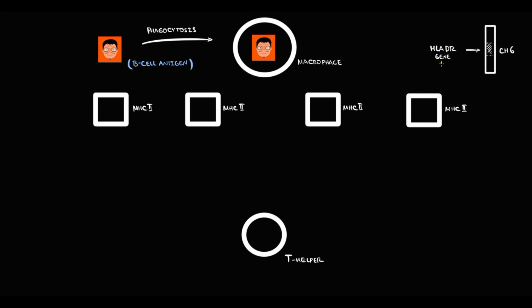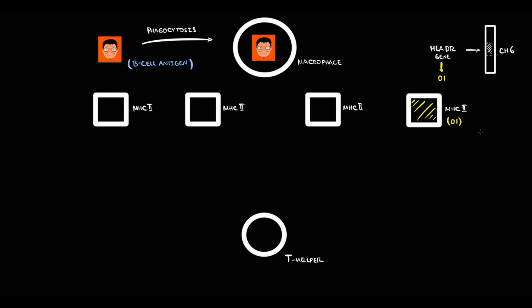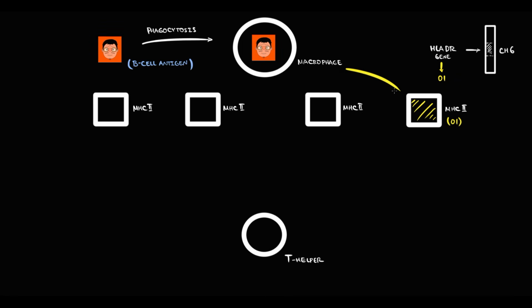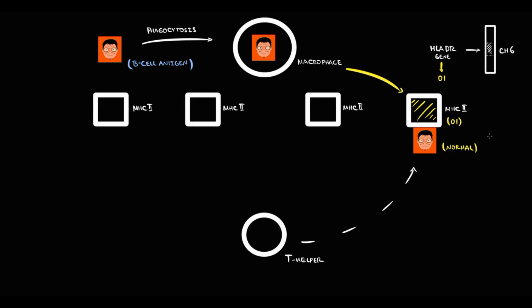For example, if a person has the HLA-DR1 allele, this person will have an MHC2 receptor that was made based on genetic information in the HLA-DR1 allele, and such an MHC2 receptor presents beta cell antigen in a perfectly normal way. And when T helpers come to this receptor, they recognize beta cell antigen as a normal substance, and because of this, they do not see any danger.